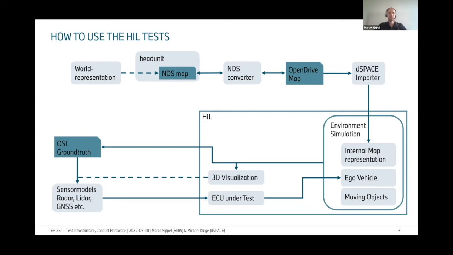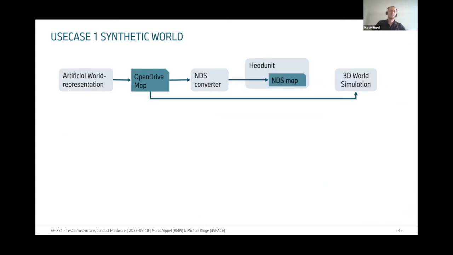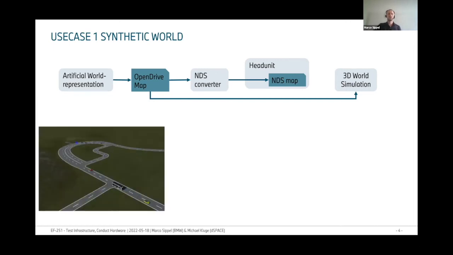Now we know how the test setup looks like, and now I want to talk about our first use case. And this is, we want to convert or use a synthetic world inside of our HIL tests. So we start with an artificial world representation. Why do we use this approach?